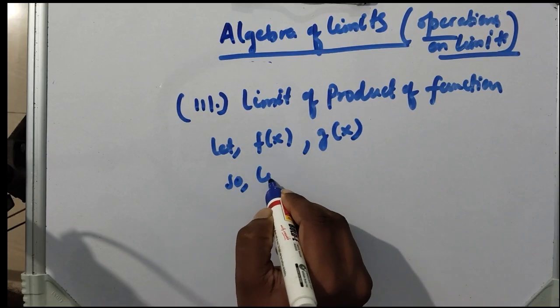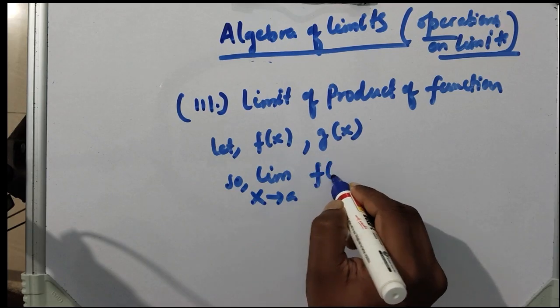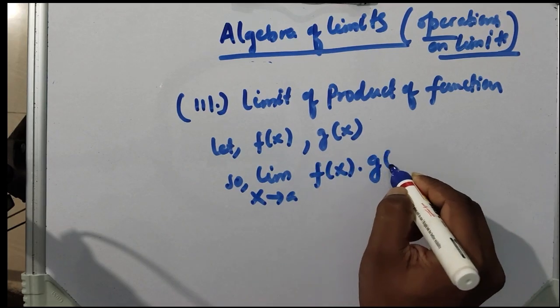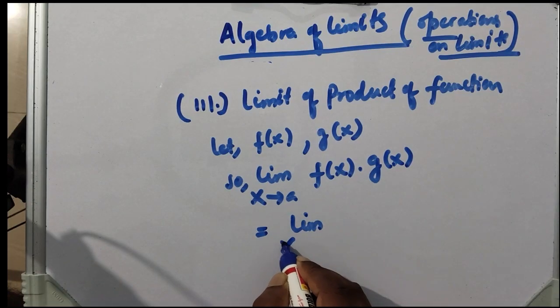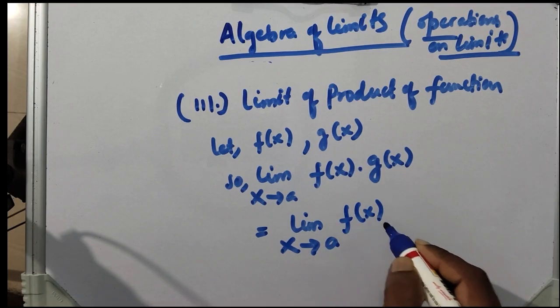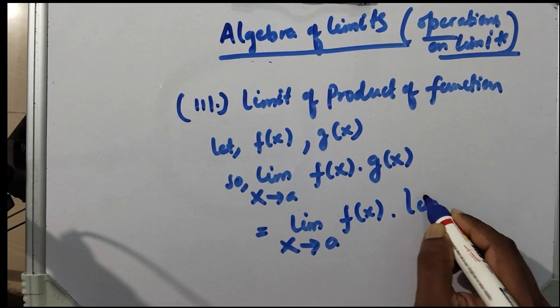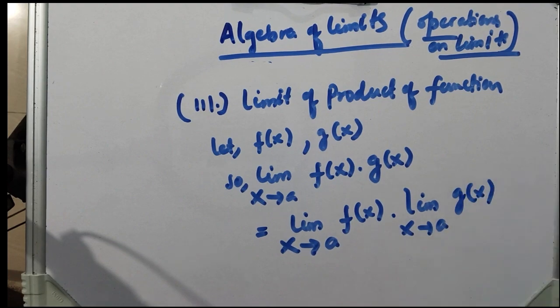So the limit as x tends to a of f(x) into g(x) can be written as the limit as x tends to a of f(x) into the limit as x tends to a of g(x).